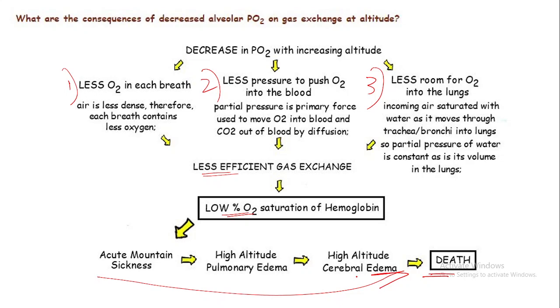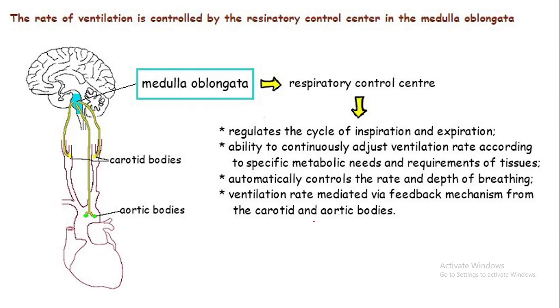Alright? So the rate of ventilation is controlled by the respiratory control center in the medulla oblongata. Now coming to the important part, which tells us that respiration is not a voluntary or self-run system. It is under the control of the nervous system.